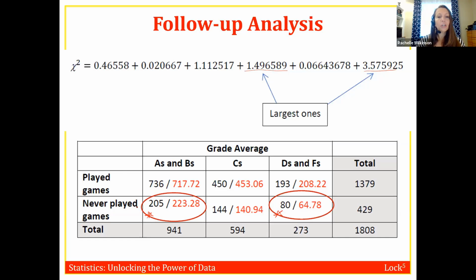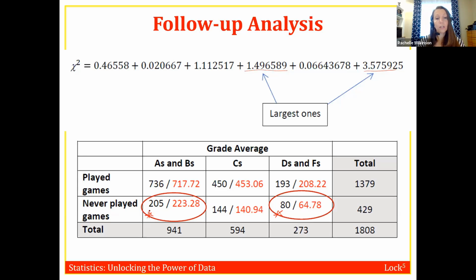So now I'm going to look at the observed and expected counts. For this first one, I observed 205 people who never played video games that got A's and B's. But if there's no relationship between grade average and playing video games, I would have expected to see about 223.